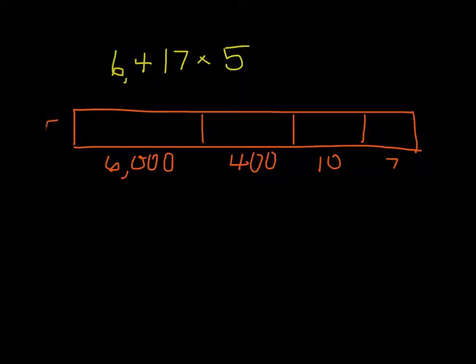We're multiplying times a factor of 5. 5 times 6 is 30. And 3 zeros for 30,000.